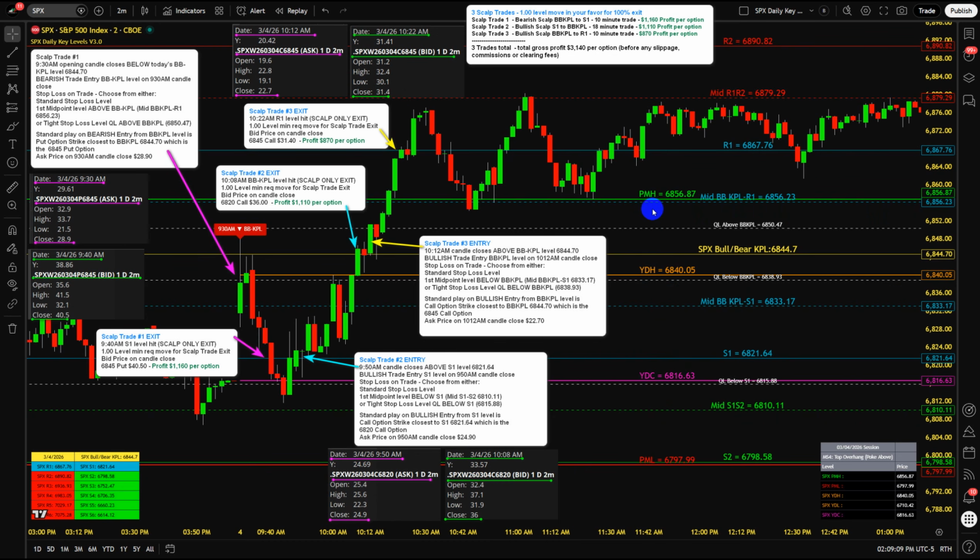Of course, the PMH was the pre-market high for the current session. And then we also have the YDL level, which is out of range on this particular screen because it was way far below the PML, and we were just zooming in for the start of the session, basically R2 through S2, as you can see here.